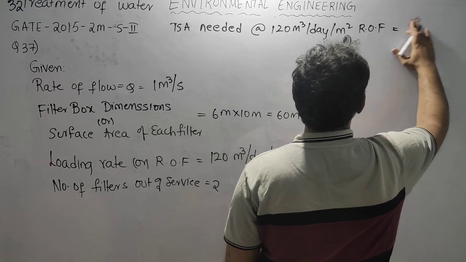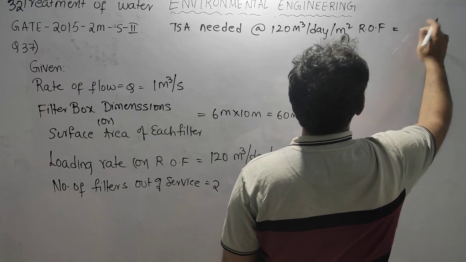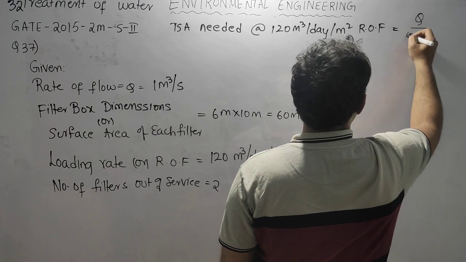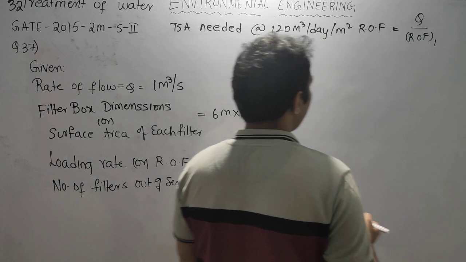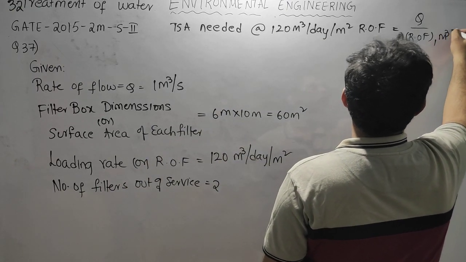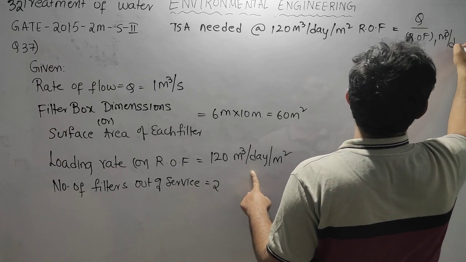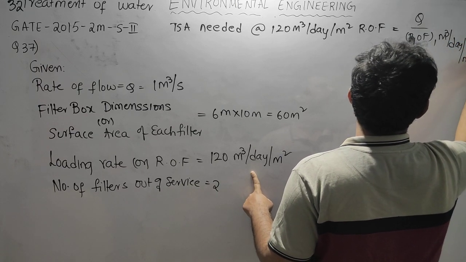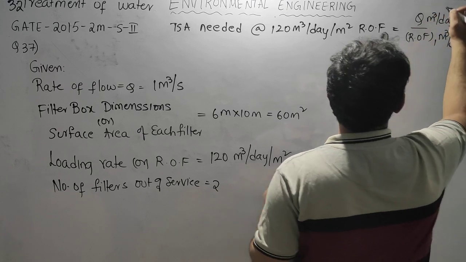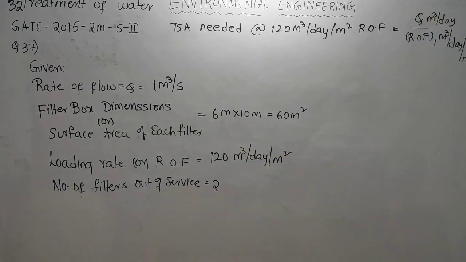That is equal to Q by RoF1. It is in meter cube per day per meter square, and this is meter cube per day. Then I will get meter square, with rate of filtration 1.